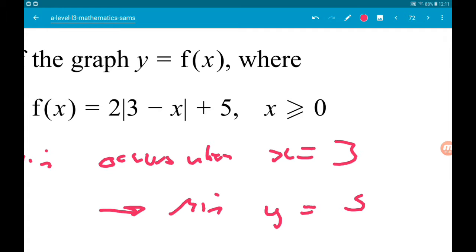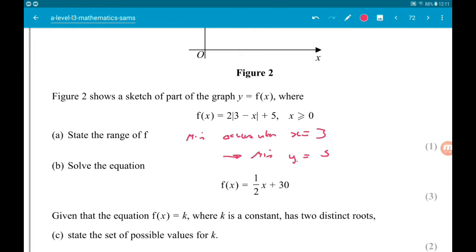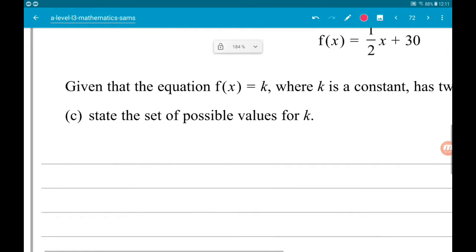So the range is such that f of x is greater than or equal to 5.